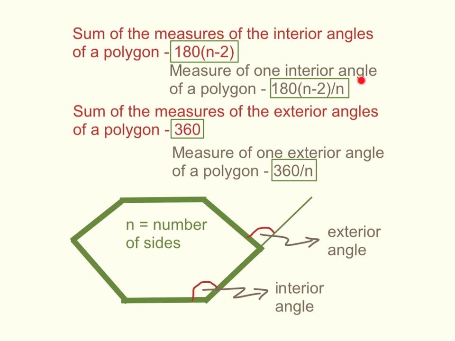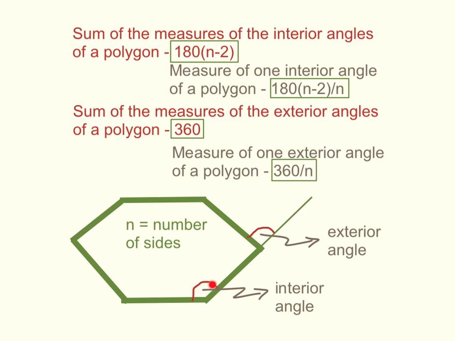Well, the measure of one of those interior angles will be 180 times n minus 2, that's the sum of all of them, divided by however many there are. So if I take 720 and divide by 6, I would find that each of these interior angles would be 120 degrees.